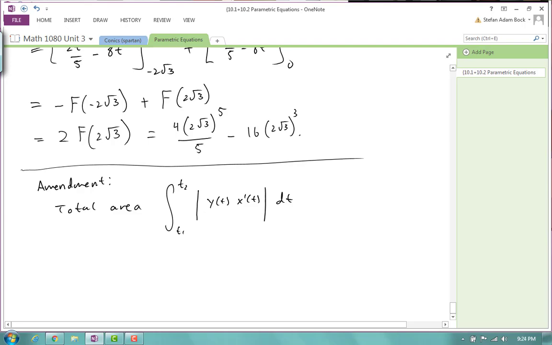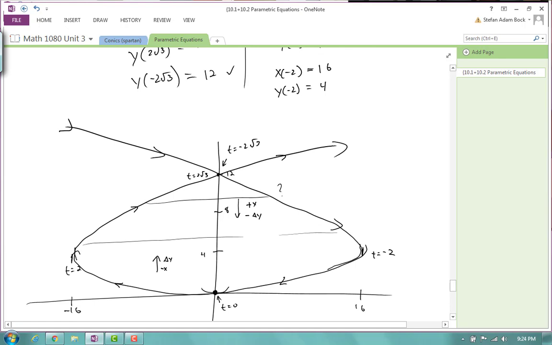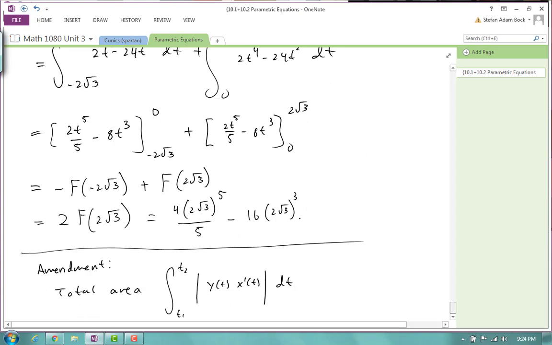The absolute value is there because, as in my picture, I could have negatives from the dy, which is kind of like doing an integral backwards in the regular functions of one variable, or I could have negatives for my x values, which is the same thing as taking the integral of an area which lies below the x-axis, which actually gives me a negative value.